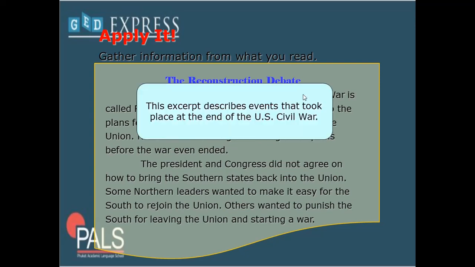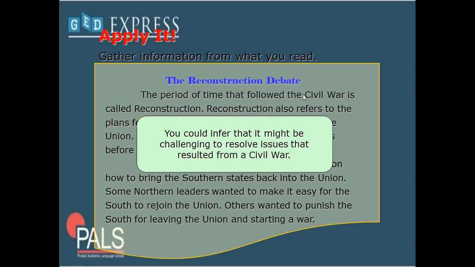So, we now know that this excerpt describes events that took place at the end of the US Civil War. That's pretty obvious from the first paragraph. Also, you could infer that it might be challenging to resolve issues that resulted from a civil war because of the word here, debate. So, meaning there are two sides.